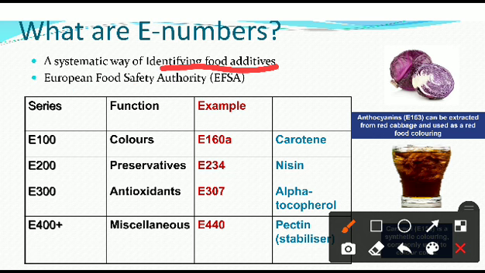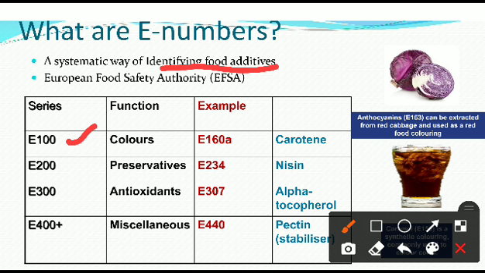Let me explain some series and their functions. First, E100 is used for showing colors. That means coloring agents are added in that packet. Second, E200 shows that preservatives are added in the food packet.